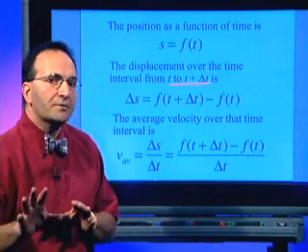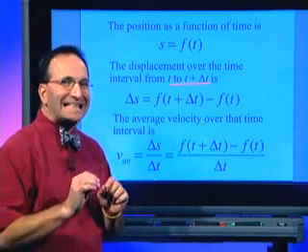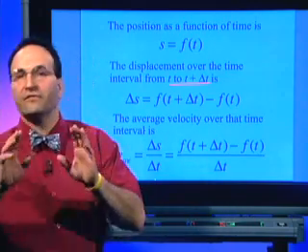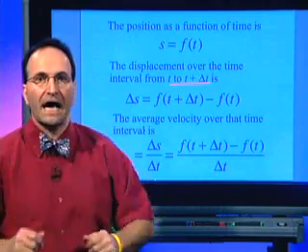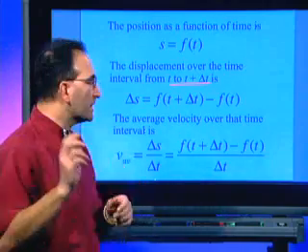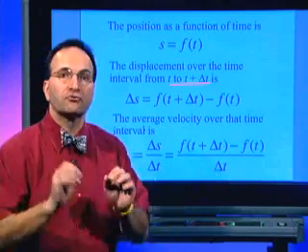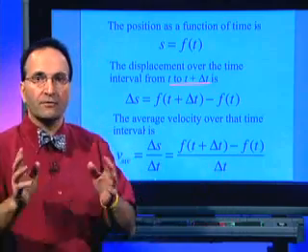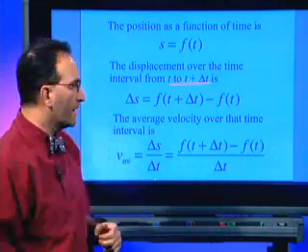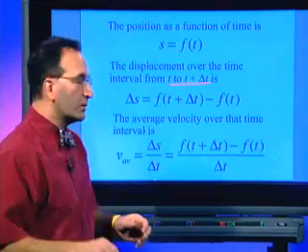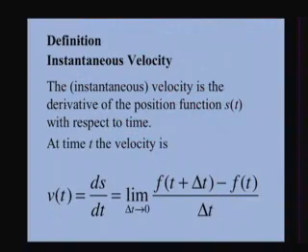To find the object's velocity at an exact instant t, we need to find the limit of the average velocity as we let delta t shrink to 0. Well, of course, that's the derivative. So now what we'll do is define instantaneous velocity.